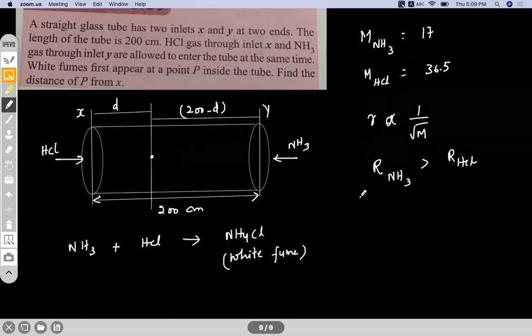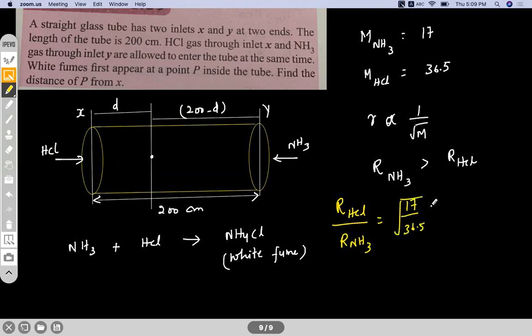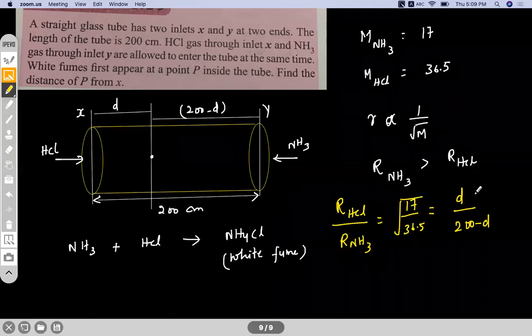So what we can write, the rate of HCl by rate of NH3 is equal to, first of all, we'll write down the molecular mass of the two gases, root under 36.5 by 17. And this would be equal to what? The distance traveled by HCl, that is D, time is same, by 200 minus D. We can solve this for D, that will be our answer.